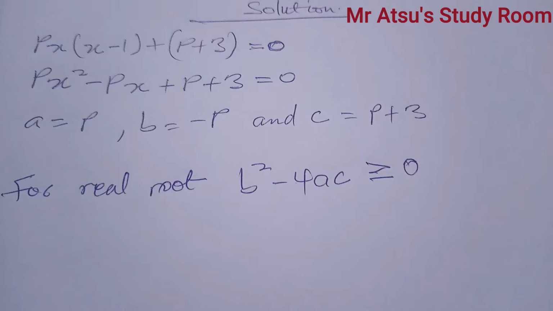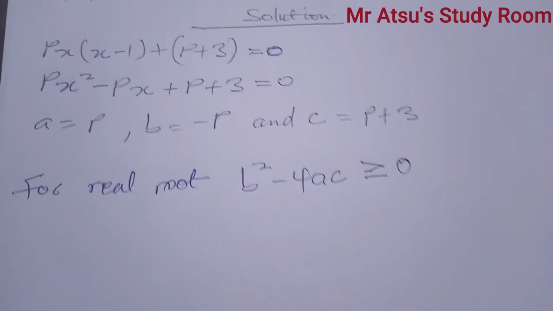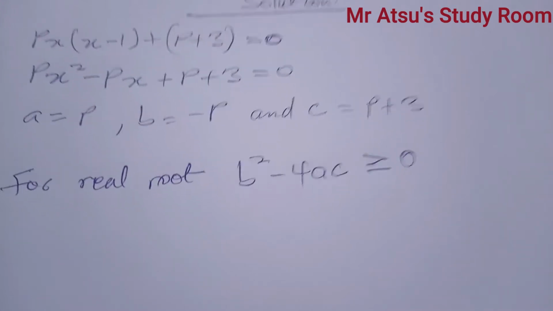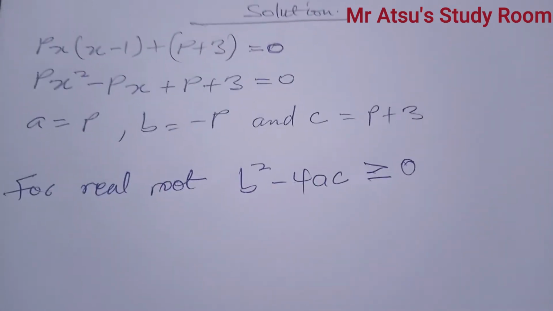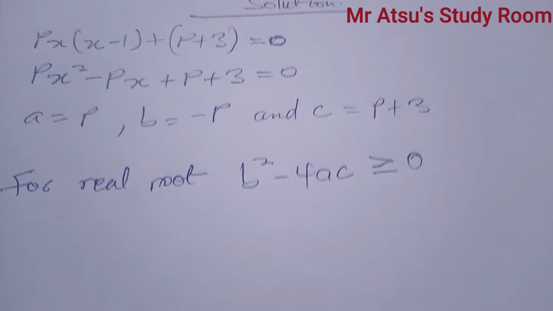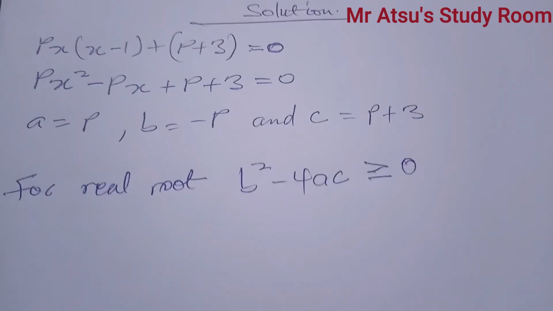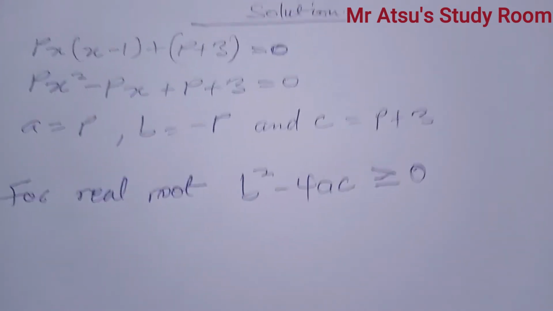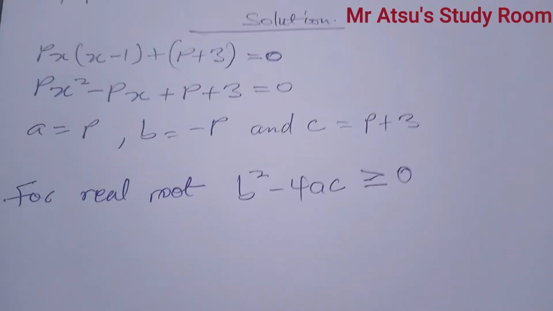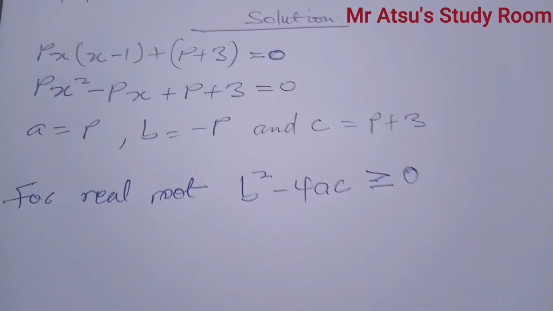Because when the discriminant is greater than 0, we have real roots, and when it's equal to 0, we have real roots too, because different roots and repeated roots are both real. So when the question just says that the equation has real roots, you have to use greater or equal to, because both of them will give us real roots.